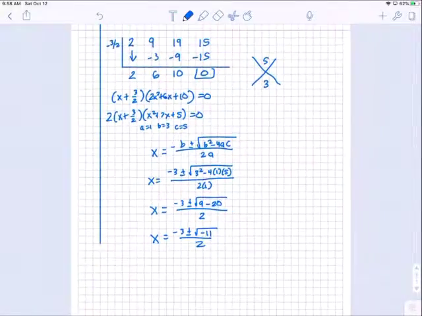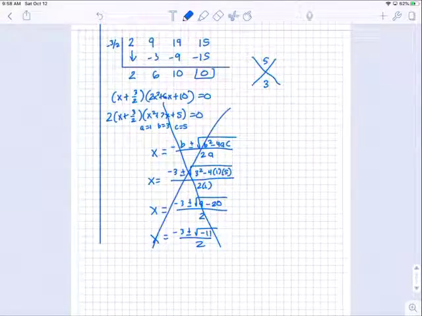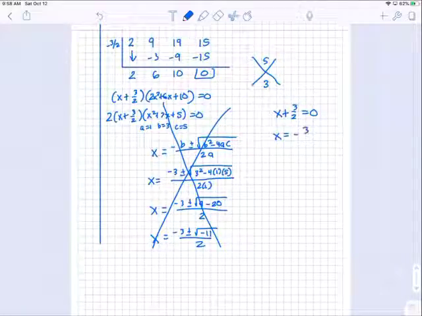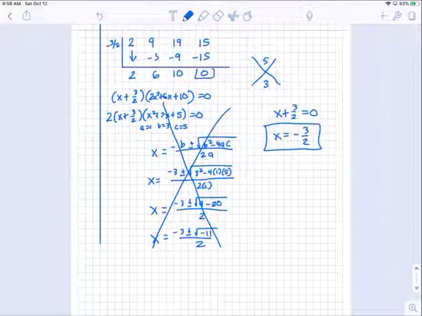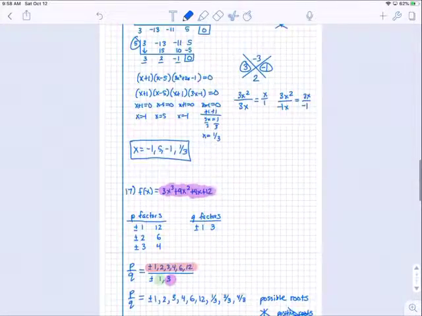So that means all of this is not going to give you a real root. The only thing you have to notice is we only had x plus 3/2, and that equals 0. So that means x has to equal -3/2. Last problems are always challenging, but there you go on that one, and that should do it for the rational roots theorem, okay?